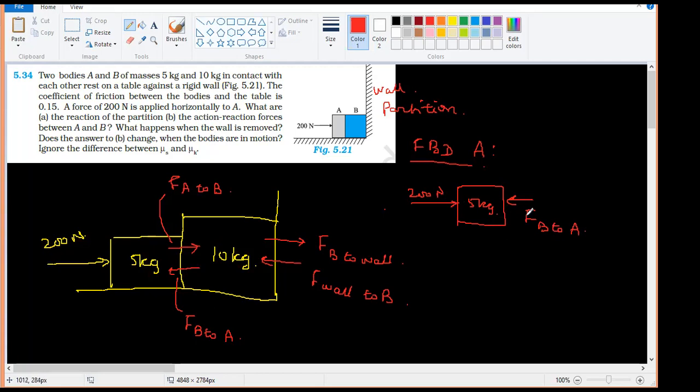So that means this and this will be equal to 100 Newton. So if this and this are equal, this will become equal to 200. Since it's not moving, the friction can be ignored, I think. So I don't have to worry about the friction.